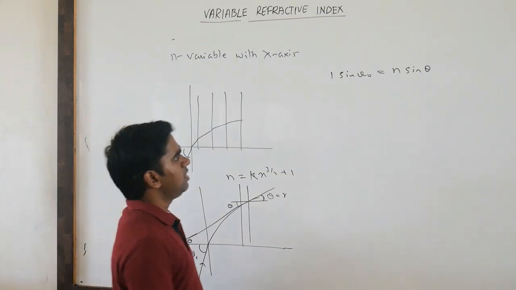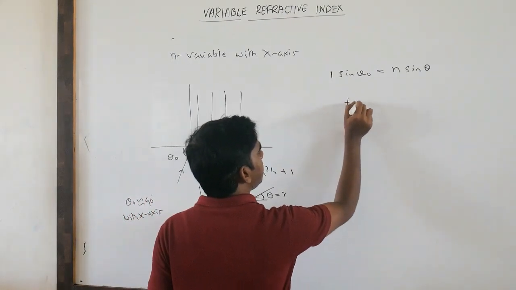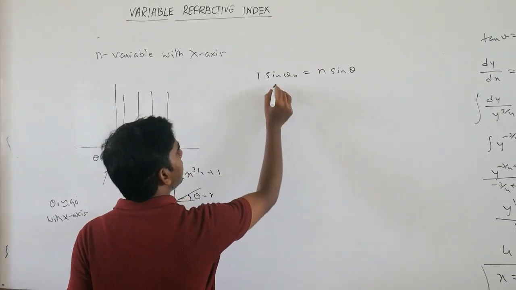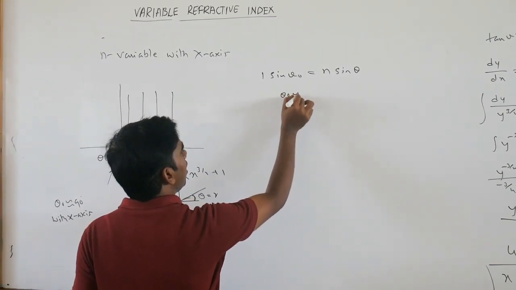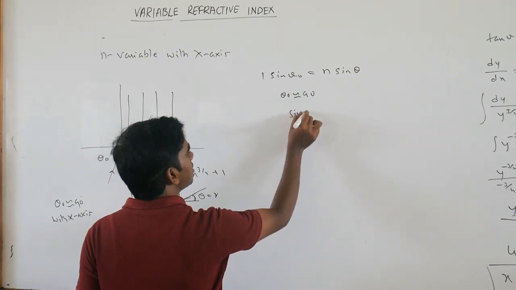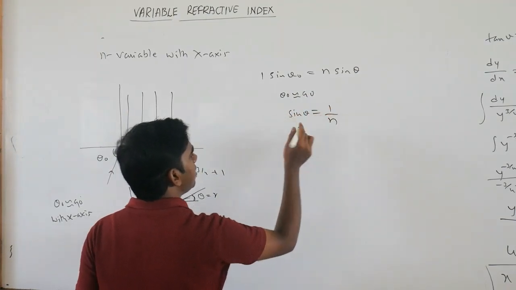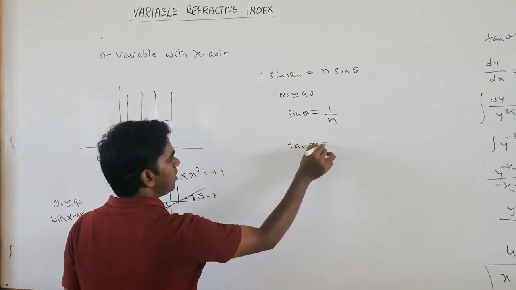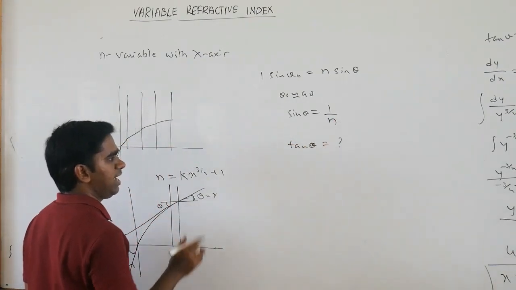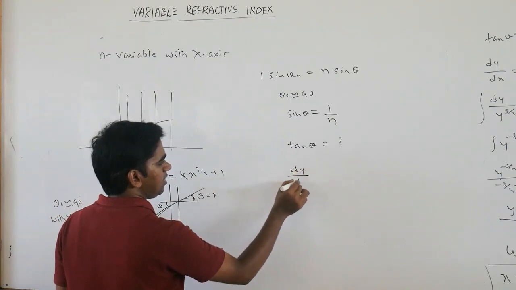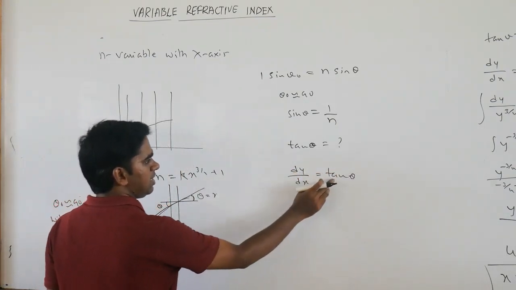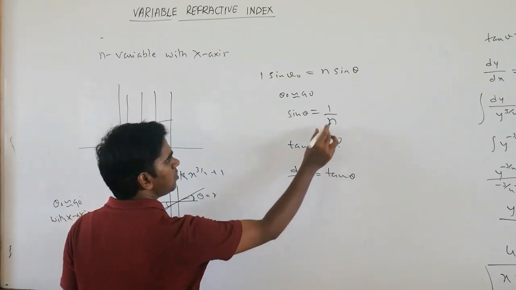Okay, if this is the case, directly you can write tan theta. If you know sin theta, so from here what will you get? Theta naught is almost 90, so sin theta is 1 by n. If you know sin theta, you can easily write tan theta. Once you write tan theta, we know that tan theta equals dy by dx. Now tan theta is going to be a function of what?